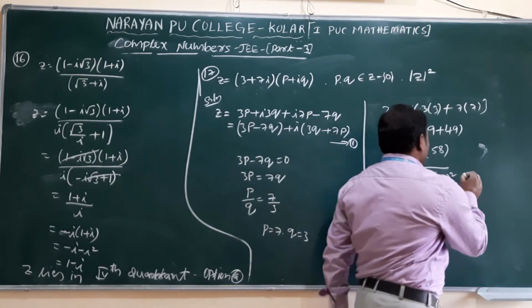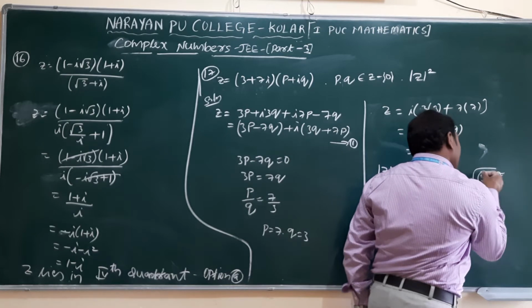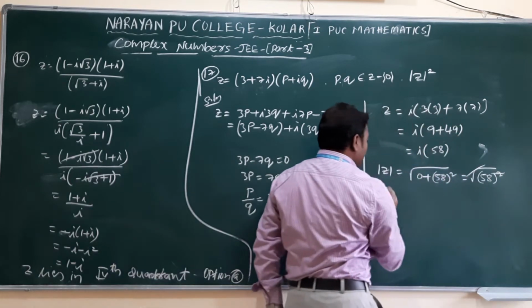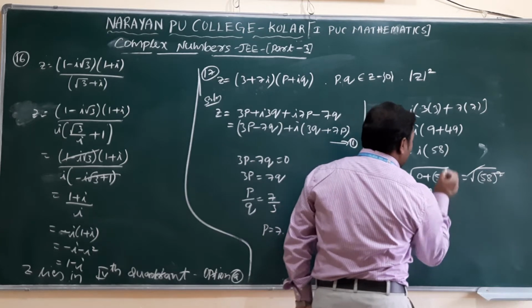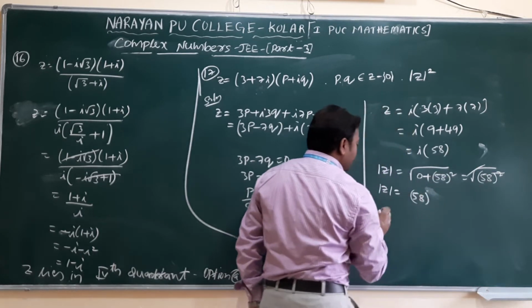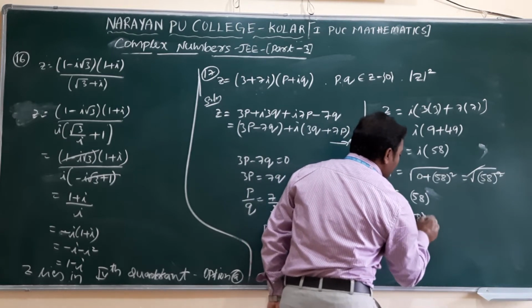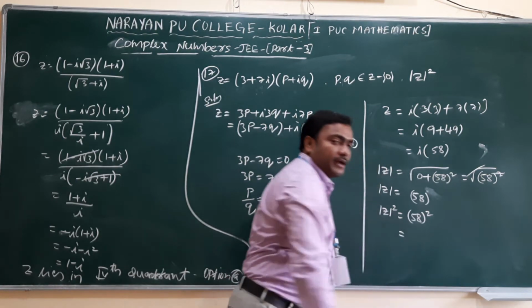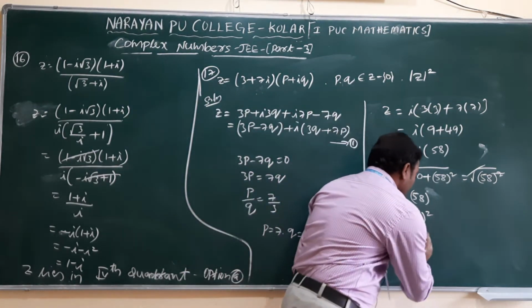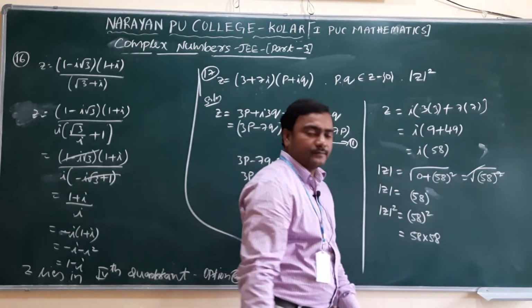So we are getting square root of 58 whole square. The square root gets cancelled, remaining mod Z is equal to 58, so mod Z whole square is equal to 58 whole square, 58 into 58.